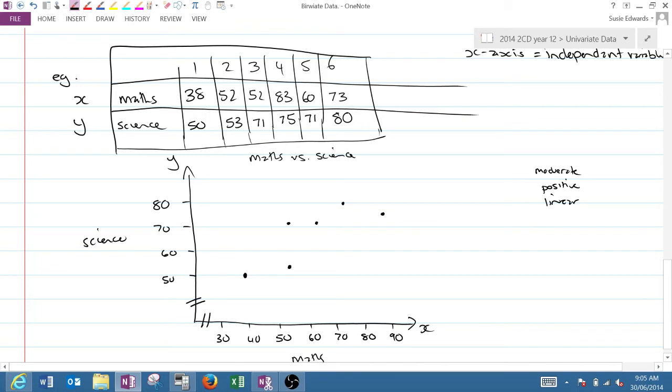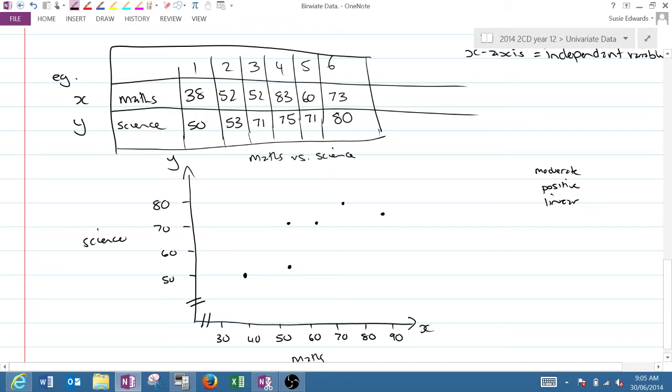Any questions about how to do a scatter plot? Okay, we then get asked to do some other questions. So that's worth like 3 marks. All of these questions are worth between 8 and 10 marks. There'll only ever be one on your test and one in your exam, but it's worth 8 to 10 marks, just one question. All right?